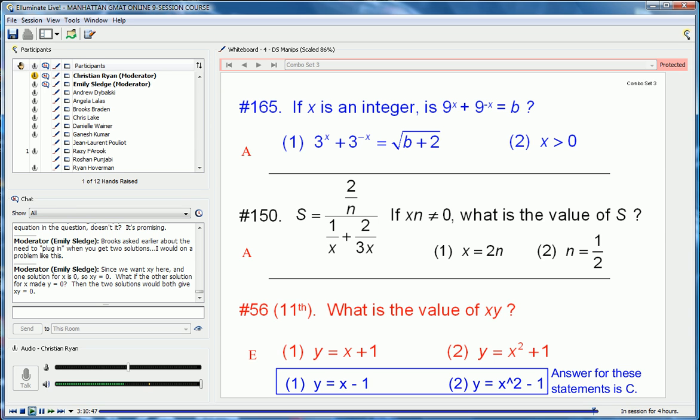Now, we have no reason to doubt what the GMAT is telling us. I will tell you that number 173 in the official guide seems a little easier than these two or three problems right here. So it's not always apparent, even to our eyes, why certain problems are considered harder or less hard by the GMAT.